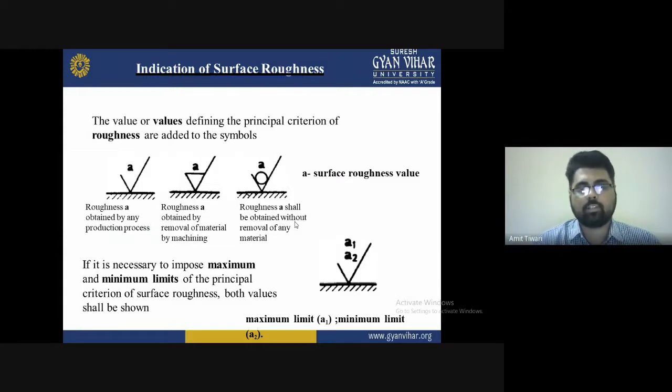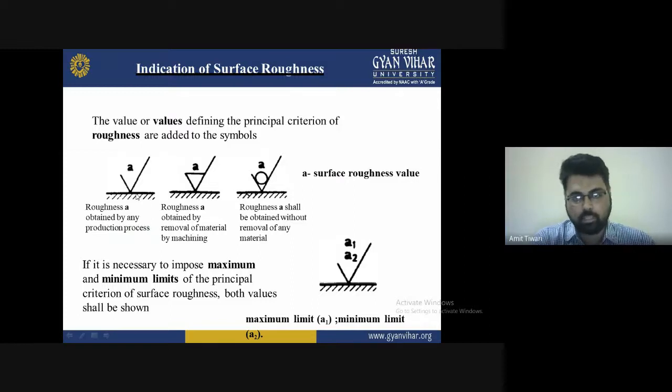A is the surface roughness value of each condition. If it is necessary to impose maximum and minimum limits of the principal criteria of surface roughness, both values shall be shown.